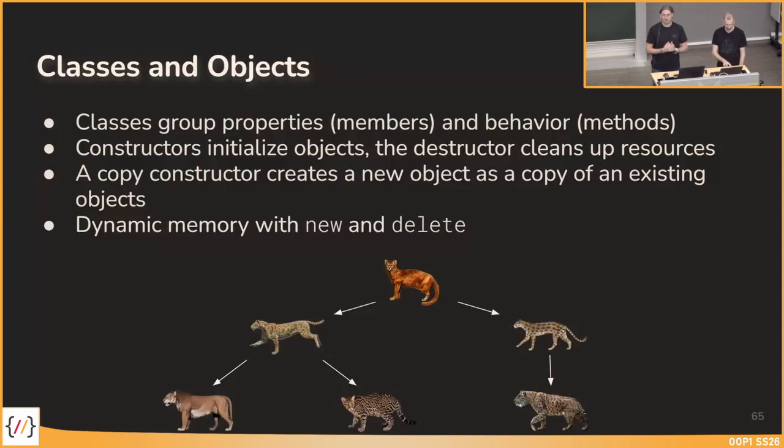We've also talked about the copy constructor, which is called sometimes not that obviously, but is still very important, for example when assigning an existing object to a newly created object. And we also saw how dynamic memory is managed in C++, so we don't have to use malloc and free anymore, but we can now use new and delete. But still, the principle of dynamic memory is the same in C++.